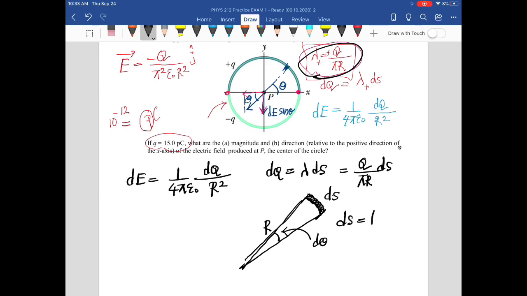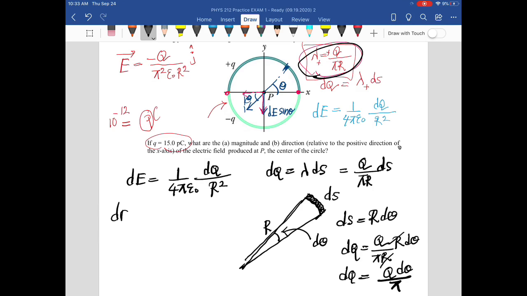Then I can write ds equals r d theta. So from that I can write dq equals q divided by pi r, times ds equals r d theta. So this boils down to q d theta divided by pi, that is the dq.